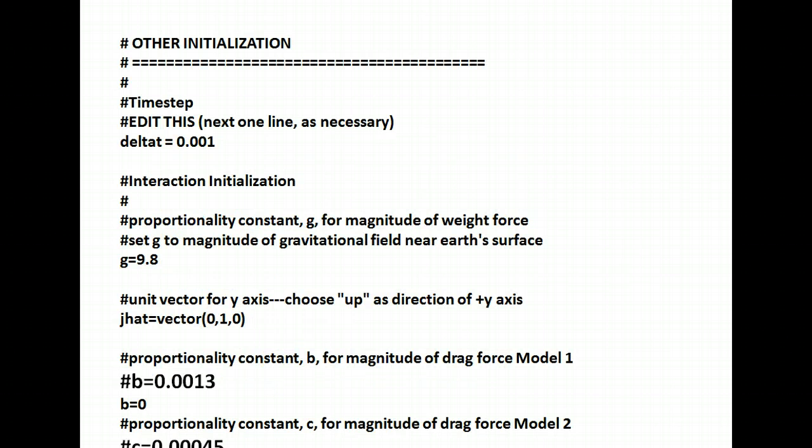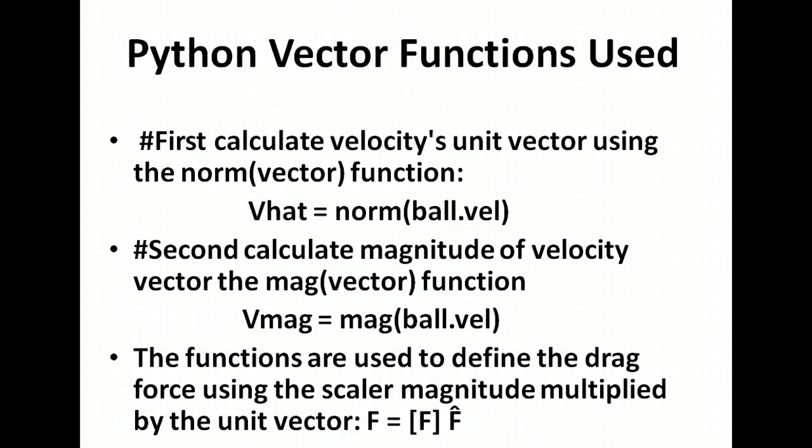Other initializations are delta t is 0.001 seconds, g is 9.8 newtons per kilogram or meters per second squared, j hat, the y component unit vector, and b and c. b was 0.0013 and c was 0.0045 in my modeling to get it to fit the observed motion.